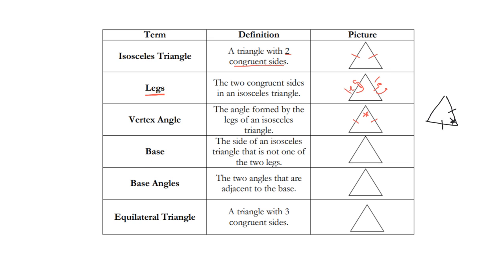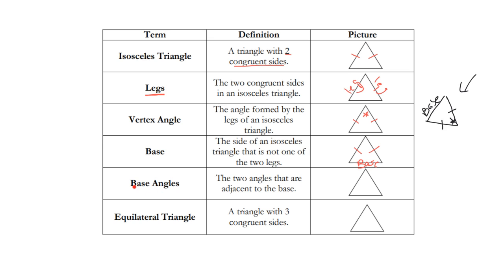The side of an isosceles triangle that is not one of the 2 legs is what we call the base. So for our same example here, if this side is congruent to this side, that makes this side the base. That makes that side the base. Again, if I went back to this triangle though, right here, which side is the base? Well, now this is the base of the isosceles triangle because it's the side that's not the congruent sides.